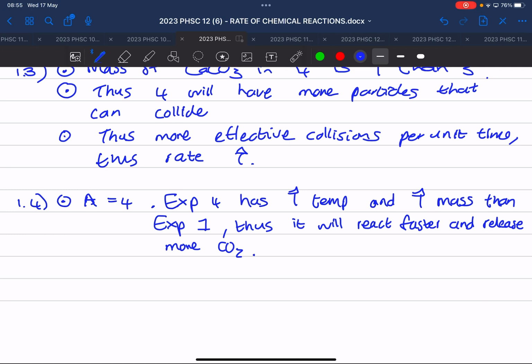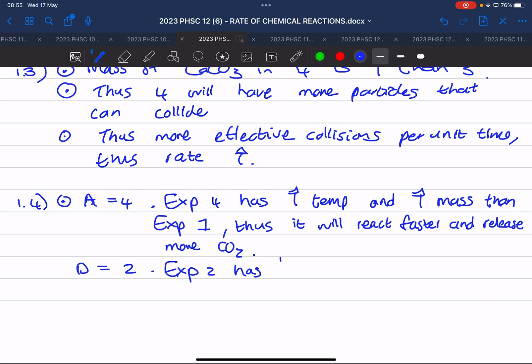Right. Then we looked at D. We said D fits with experiment, was it 2? Experiment 2. Why did we say that? In experiment 2, if we compare 1 and 2 with each other, because we must compare everything with 1, they have the same temperature, same mass, it's just the concentration that is different.